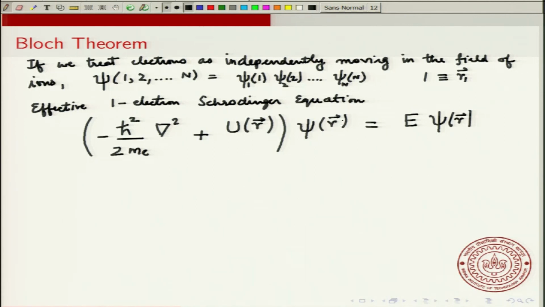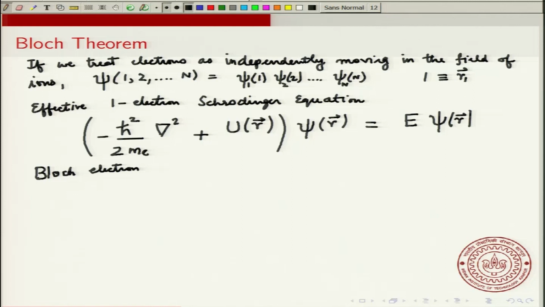This is a wave function for a single electron that is moving in this potential U. Such an electron is called a Bloch electron. And it is basically moving in this field of these ions.